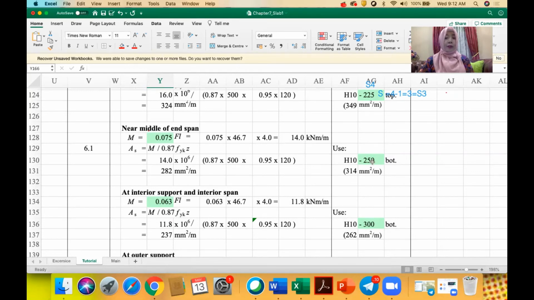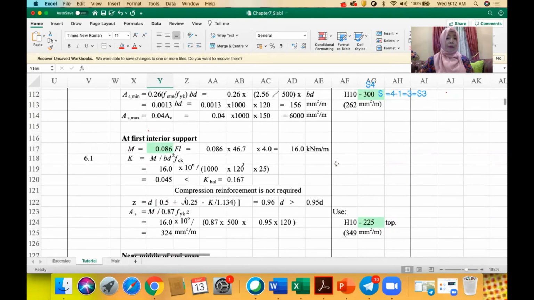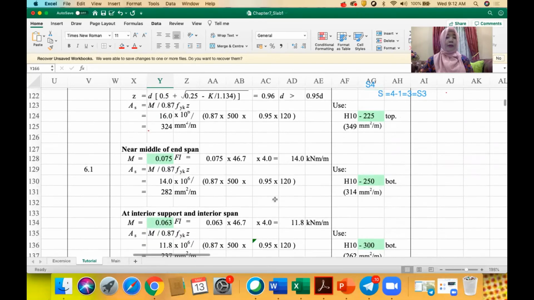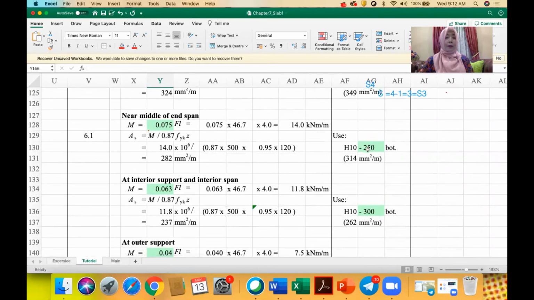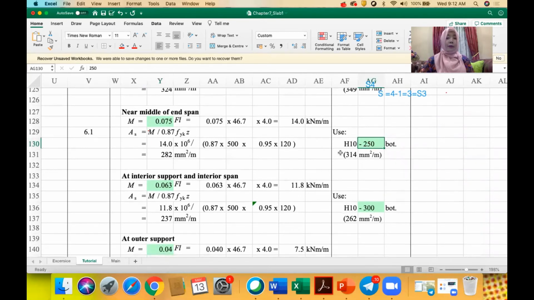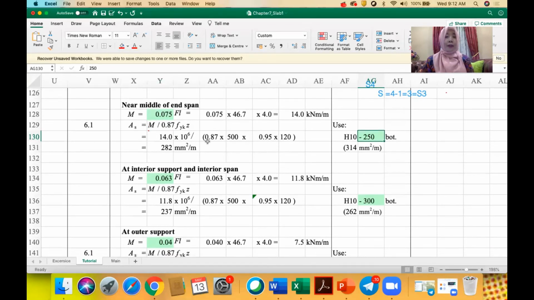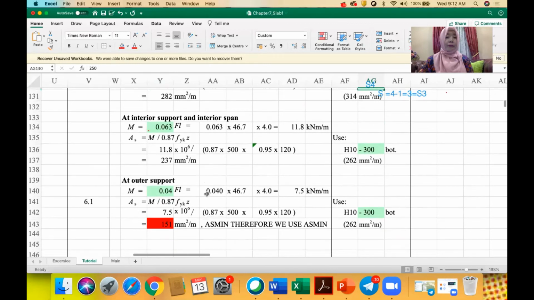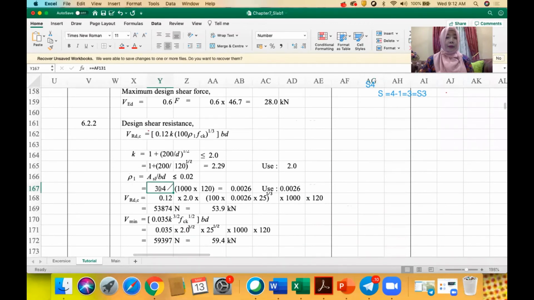So you got here is 250. Interior support, 250. Sorry, here is 250. Near middle of end span, here is 250.